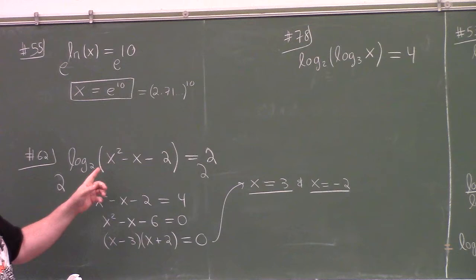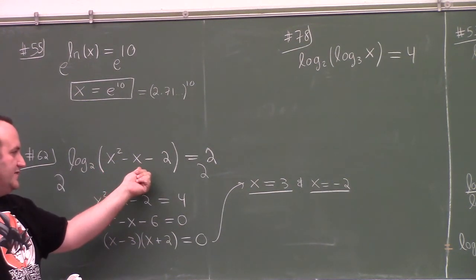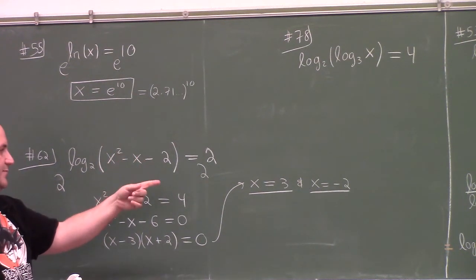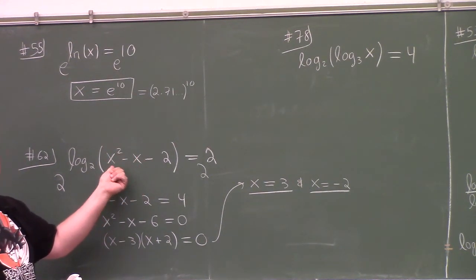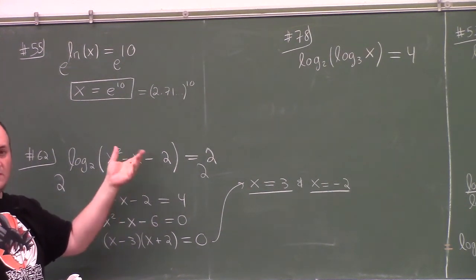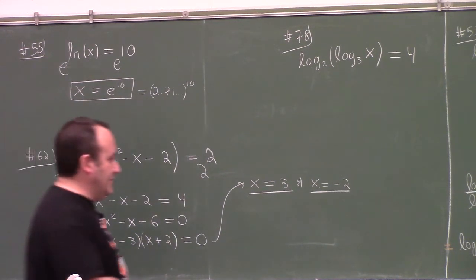What happens if we put in 3 here? I get 9, minus 3 is 6, 6 minus 2 is 4. Okay. What happens if I put in minus 2? I get 4 minus a minus 2, which is 6. 6 minus 2 is 4. Okay, good. We're fine. Those are both solutions. Neither is extraneous.